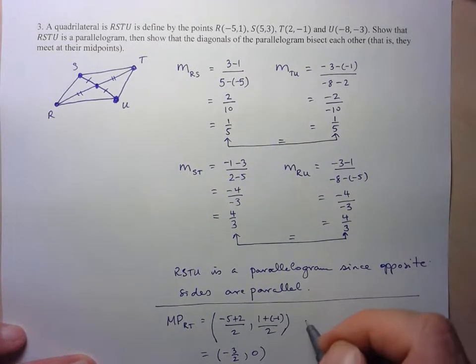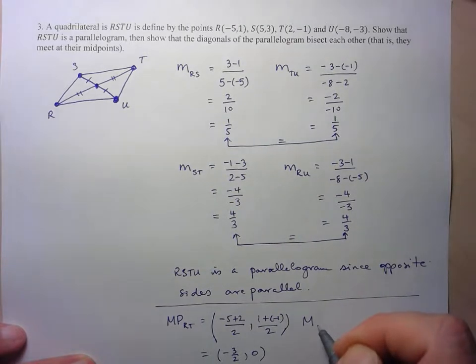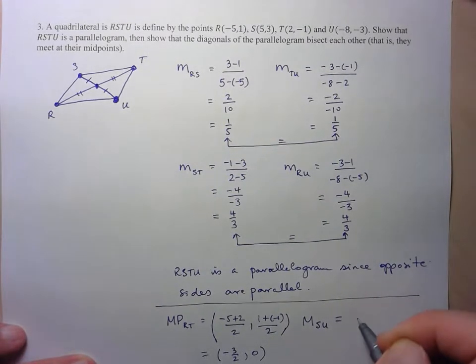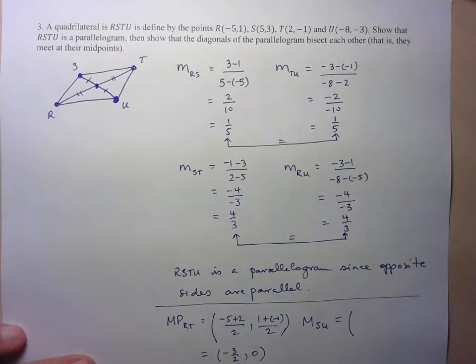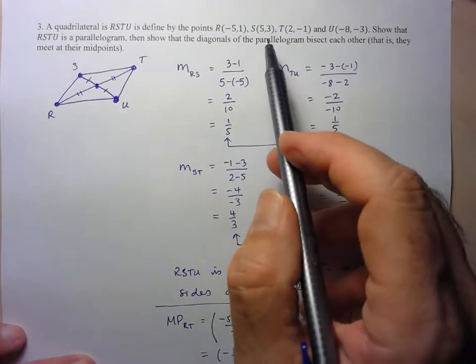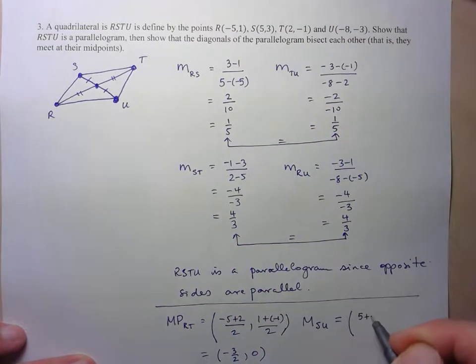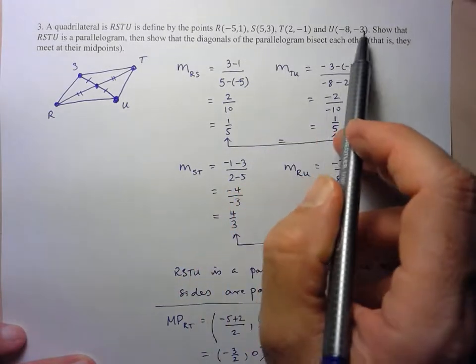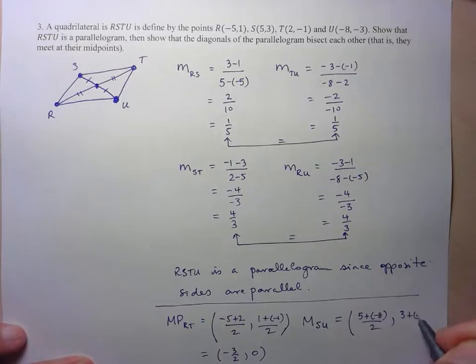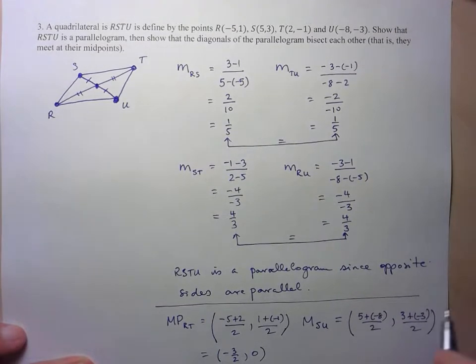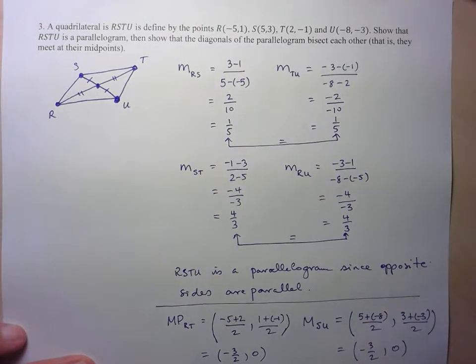And so now let's find the midpoint of SU. If it's the exact same midpoint, then we know that they bisect each other. So SU here: 5 plus -8 over 2, and then 3 plus -3 over 2. When we calculate that, it's looking pretty good because 5 minus 8 is -3 over 2, and 3 plus -3 is 0, divided by 2 is just 0.